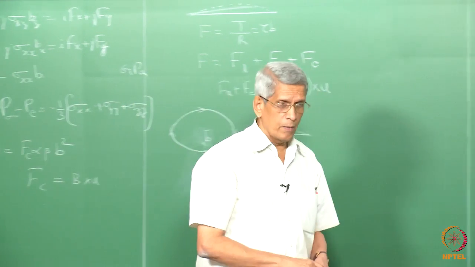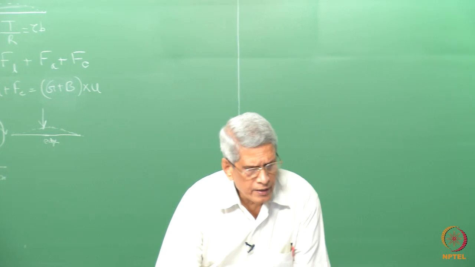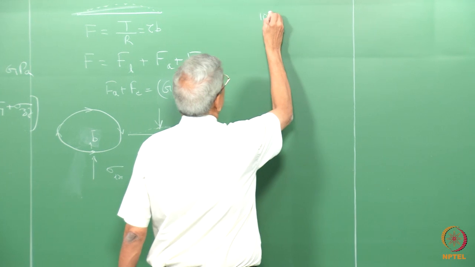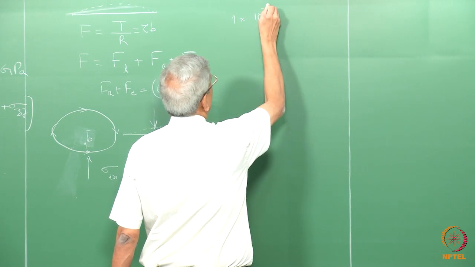Plus you have a log of n sigma by n e. Most of the time, even if we take this ratio to be close to 1 or 2, that is, if the vacancy concentration is just doubled, generally at the melting point we consider vacancies to be typically around 1 into 10 to the power of minus 4.